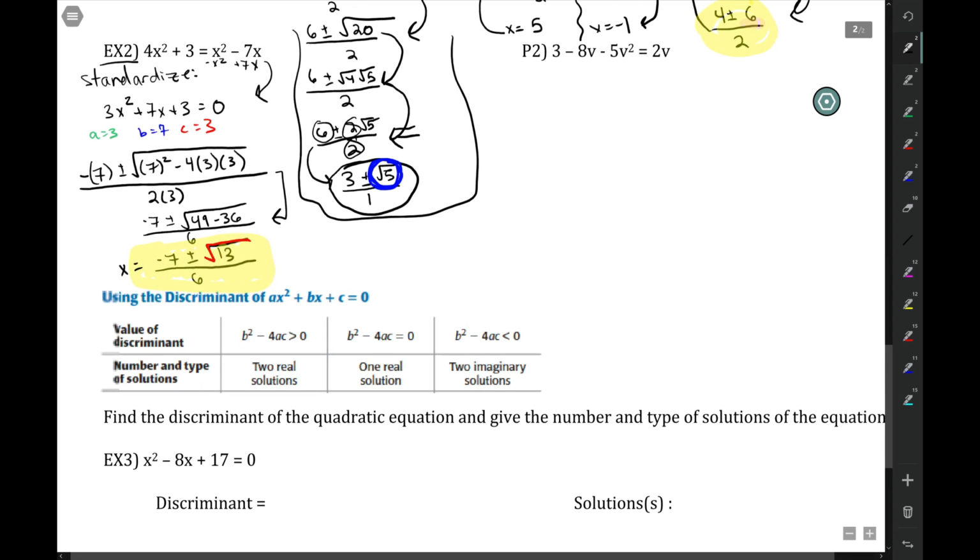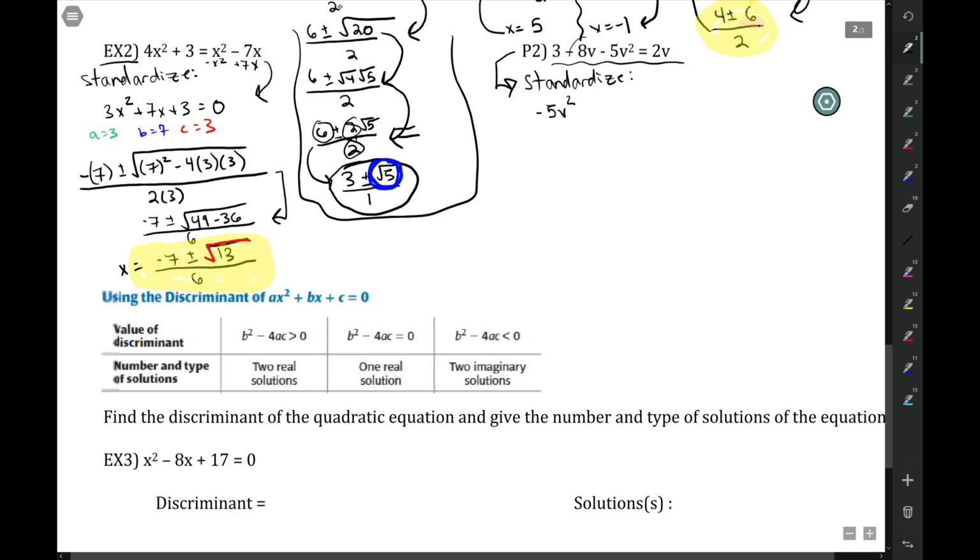P2, if we look at it, again, we have to standardize. And it's not too scary, but it's in all funky order. Again, we want our v squares first. So negative 5v squared.